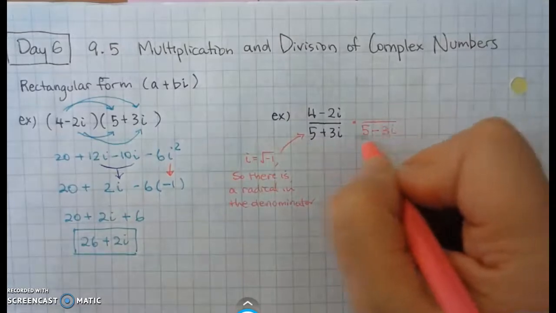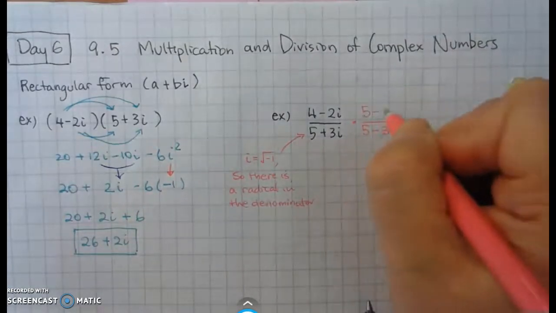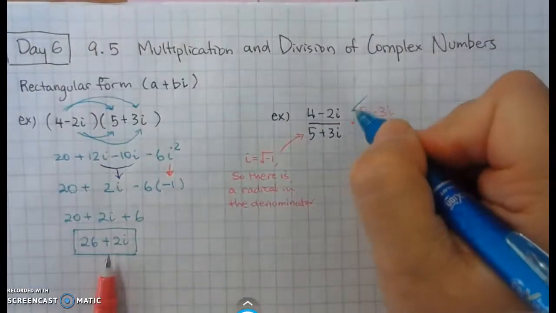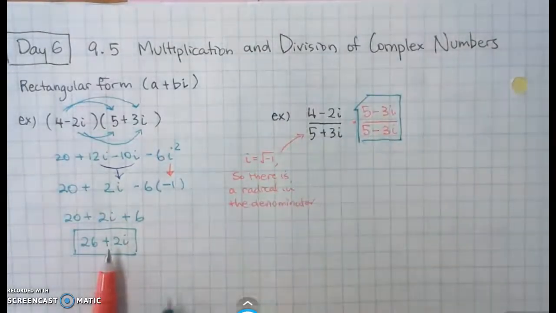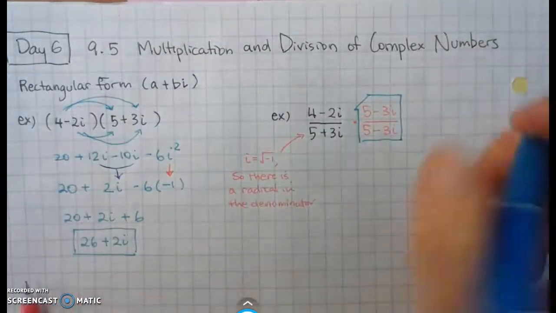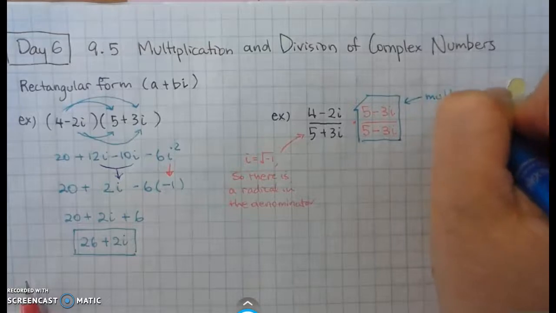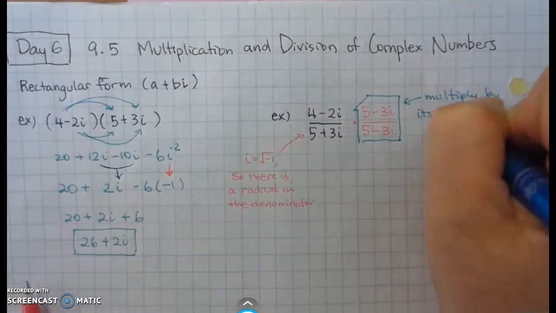And if I am multiplying by this to the bottom, I need to do it to the top because that is going to be my giant 1. So I am just multiplying by a giant 1 here. And so what we are doing here is multiplying by its conjugate.